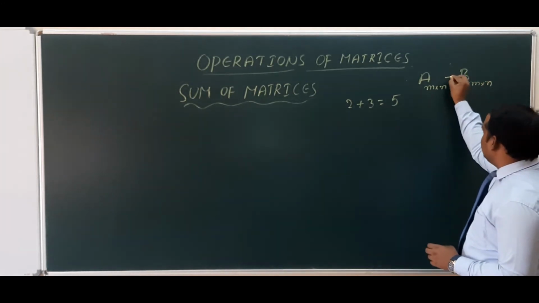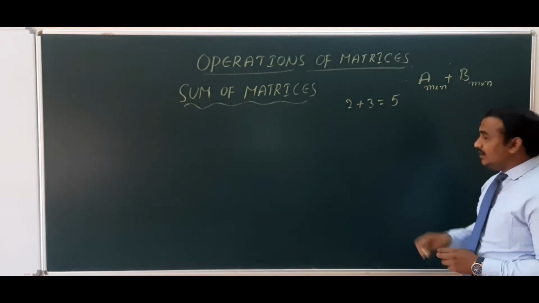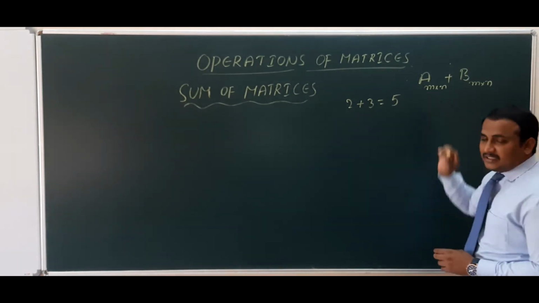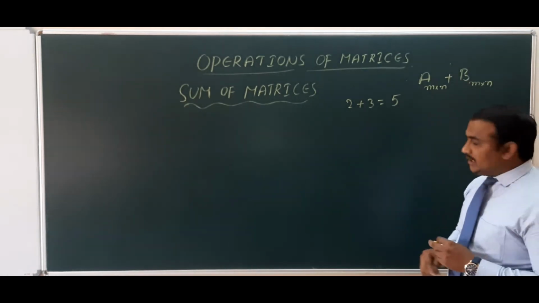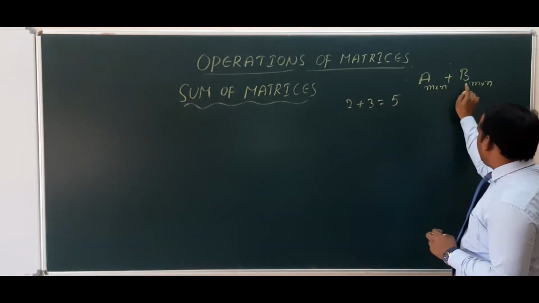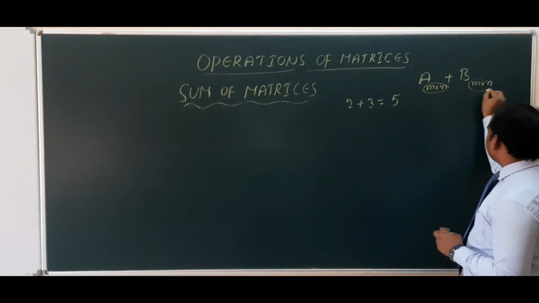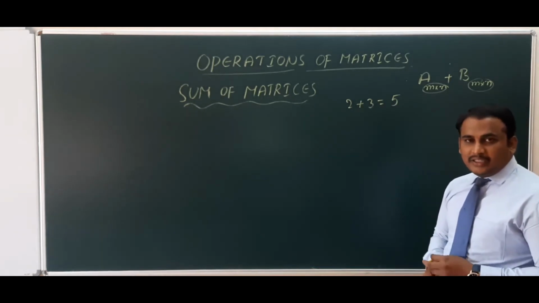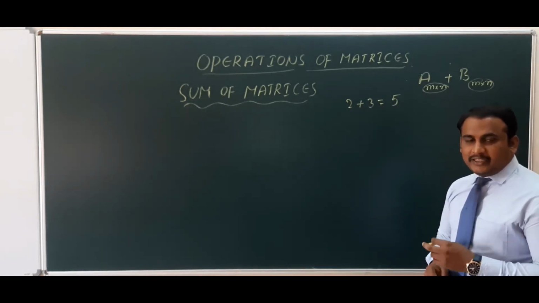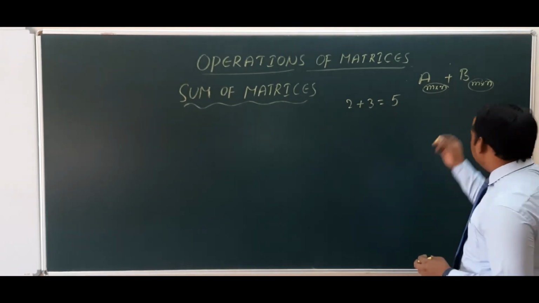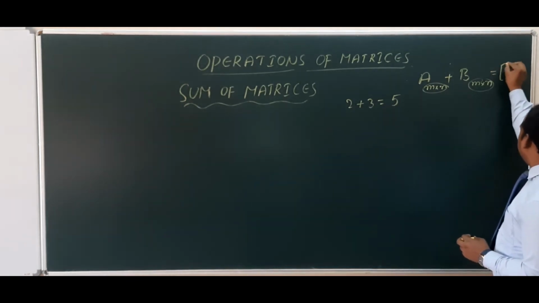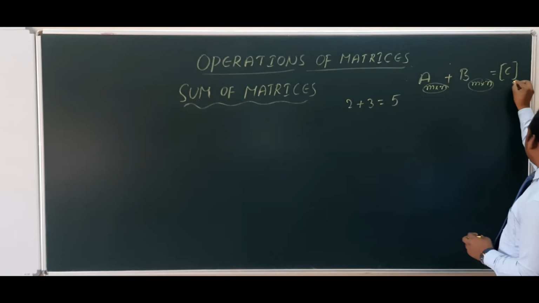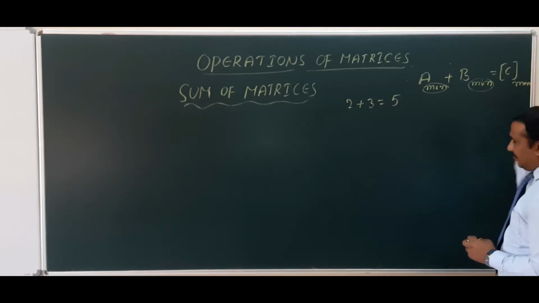Now they give the plus symbol. Plus means sum. Sum of two matrices means you have to check one condition. What is the condition? A matrix and B matrix order must be the same. If the order is the same, you have to sum the corresponding elements, and you will get a resultant matrix. That resultant matrix I am taking as capital C, with order m by n.